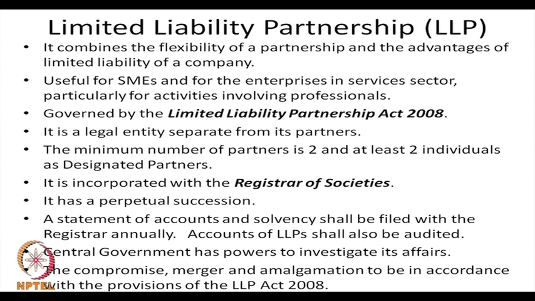Normally cooperatives are registered with the Registrar of Societies and not partnerships, but here it is incorporated with the Registrar, and it has a perpetual succession because it is a separate legal entity independent of its partners. Therefore, it has a perpetual succession, unlike in the case of partnership.